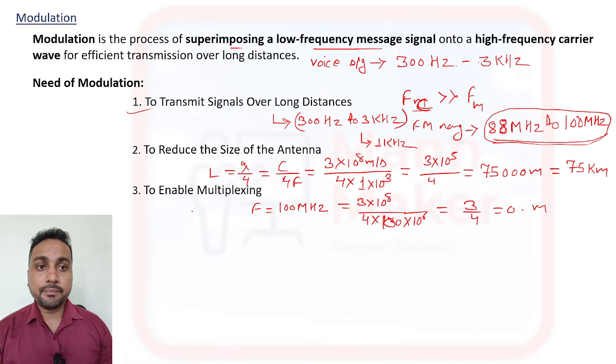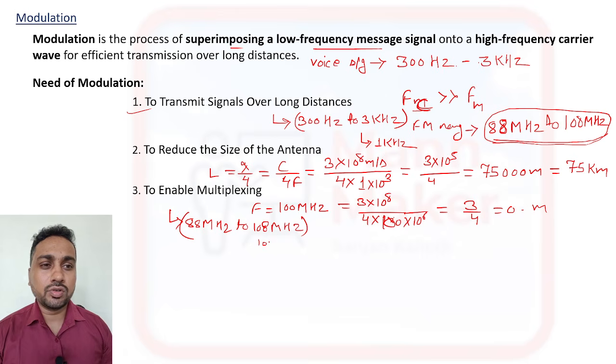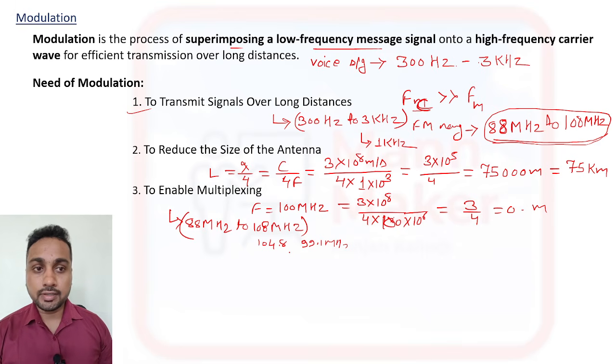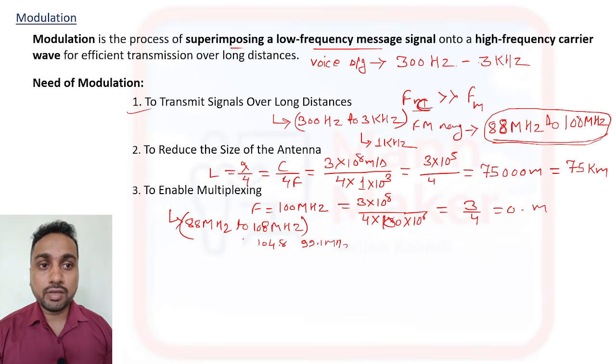If we do modulation, then we can share the same channel with different frequencies. For example, in FM radio, in the range of 88 megahertz to 108 megahertz, we can use different channels. 104 is for Radio Mirchi, 99.1 megahertz is for another radio channel, and 103 is Vividh Bharati. In India we have three or four or five channels. So in the same range of frequency, we use different channels using multiplexing.